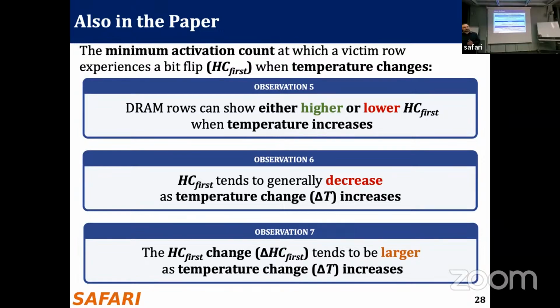Should I move on? So what is the temperature change you're referring to? This is the intervals. What is delta T? So you jump from like 55 to 65, 70, for example. Okay. So you test HC first at different temperature levels, and delta T is the delta between those temperature levels.